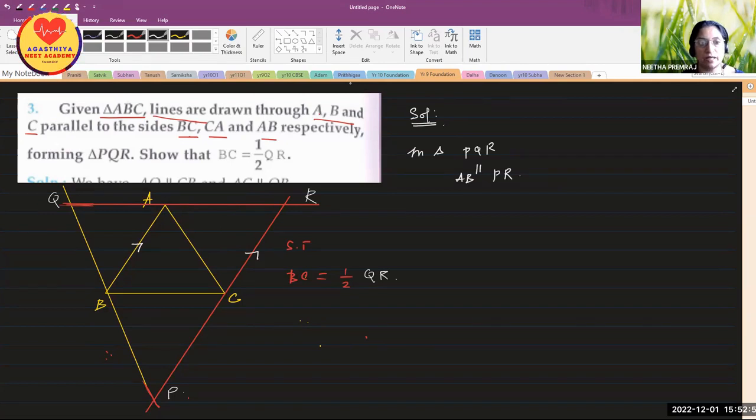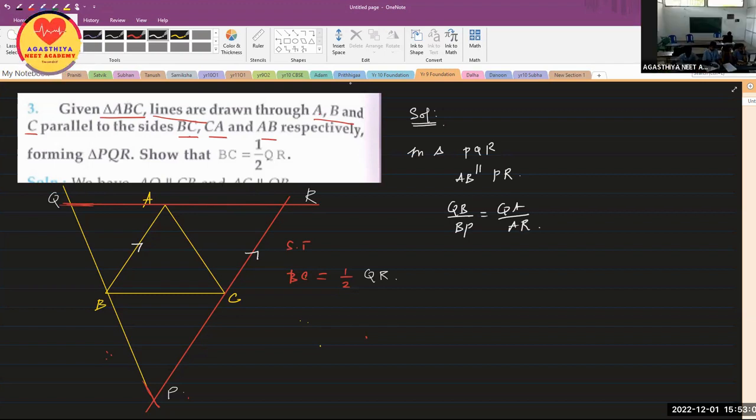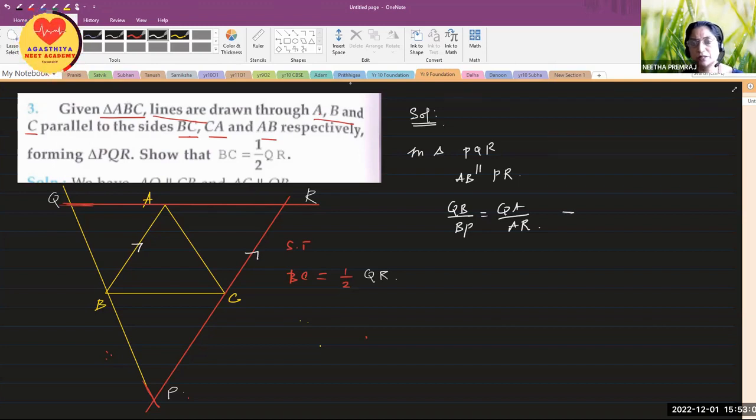So you can say QB by BP is equal to QA by AR. Name this as 1. Similarly, AC is parallel to QP, isn't it?